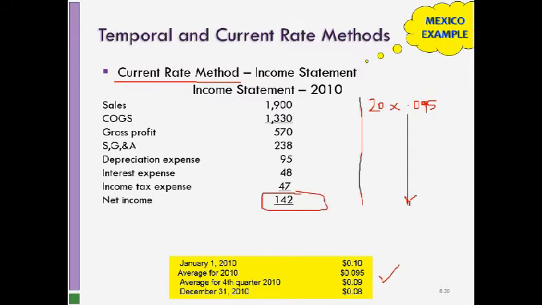This is what's so special about the current rate method, because this is the item that goes across to the balance sheet. Why? Because this is your retained earnings. Yes, you know that, don't you? This is your new retained earnings, 142. So let's go across to the balance sheet, shall we?